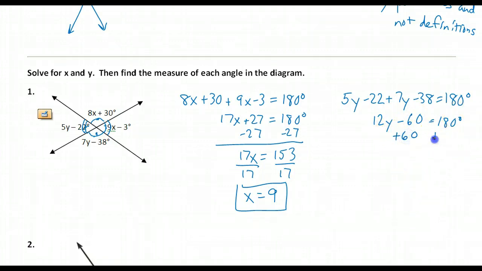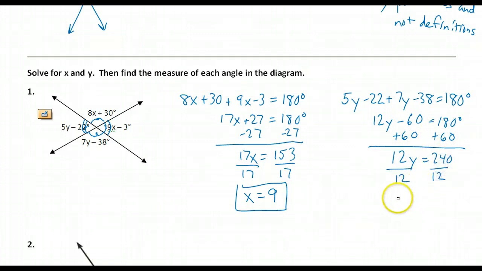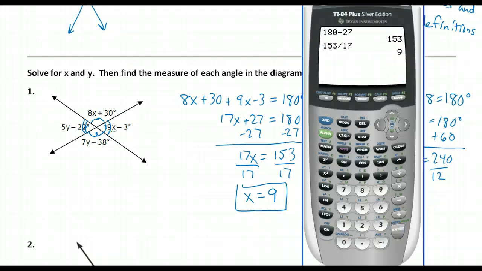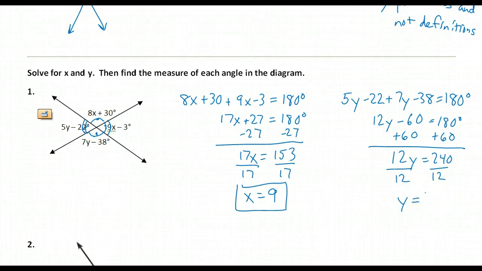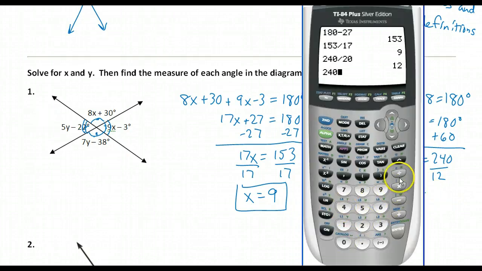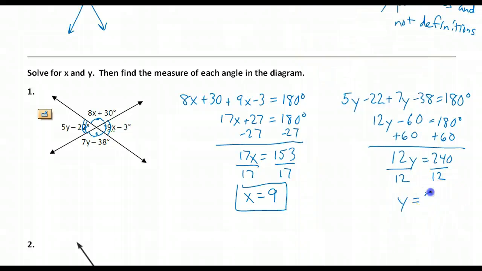Solve for x, and then solve for y. So I've solved for x and y.